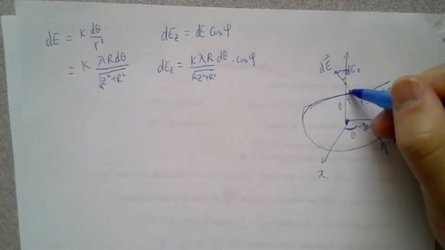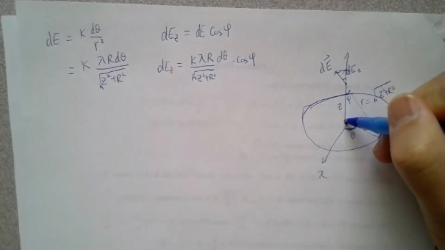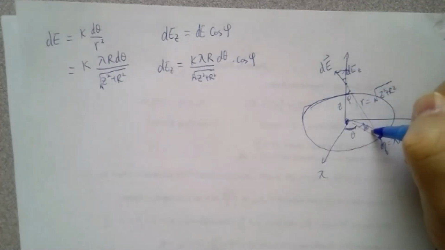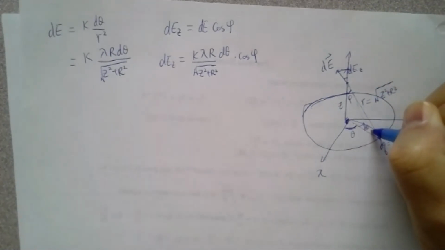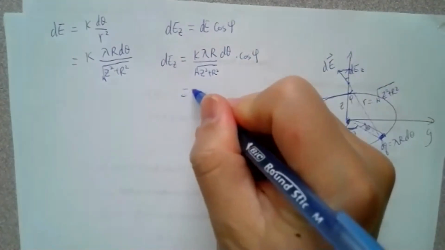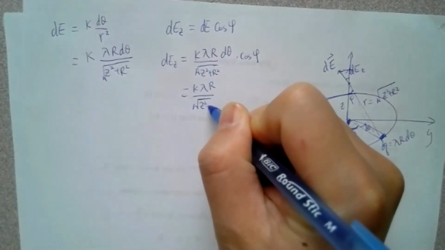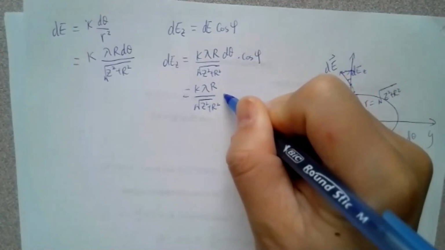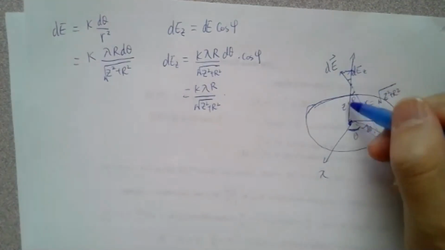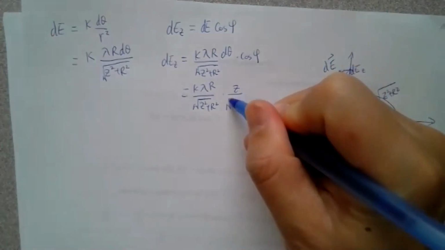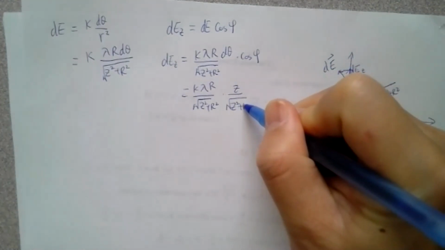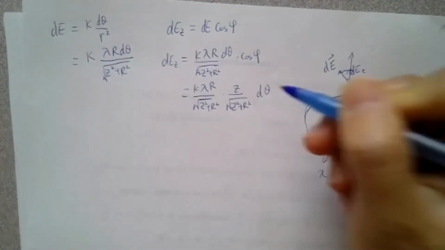Cosine of this angle will be equal to this divided by that, right? So you can rewrite that. It's going to be equal to K lambda R over the square root of Z squared plus R squared, where cosine phi is Z over the square root of Z squared plus R squared, times d theta.